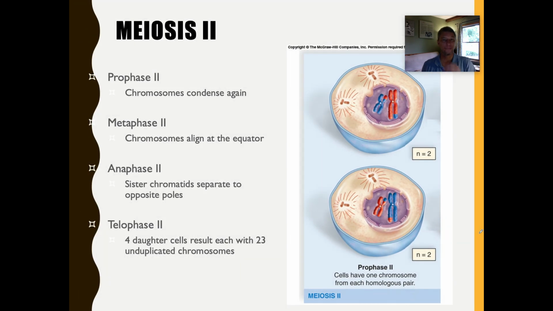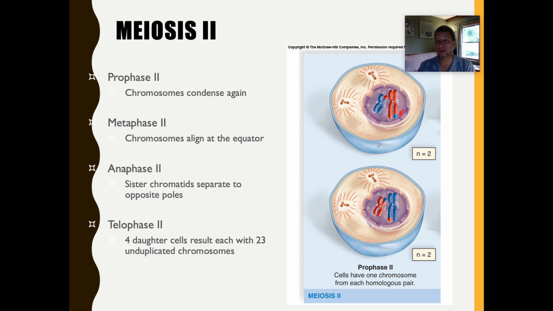Okay. Now, in meiosis II, notice we've already represented some crossing over right here, for example. But now, meiosis I has already occurred. And so now I've got mom's chromosome number 1 and dad's chromosome number 2 here, with a little bit of crossing over, and dad's chromosome number 1 and mom's chromosome number 2 over here.